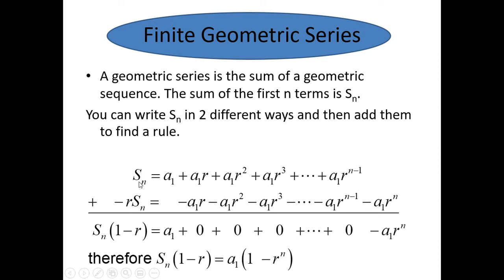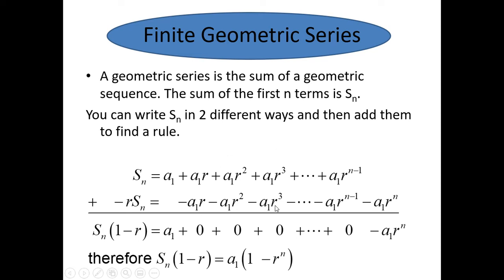So I'm going to have s sub n minus r times s sub n. So a sub 1. Now here I'm going to scoot everything over by 1, and I'm going to have minus a sub 1 r, minus a sub 1 r squared.